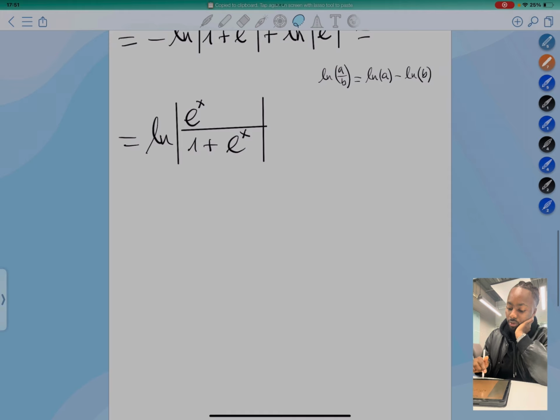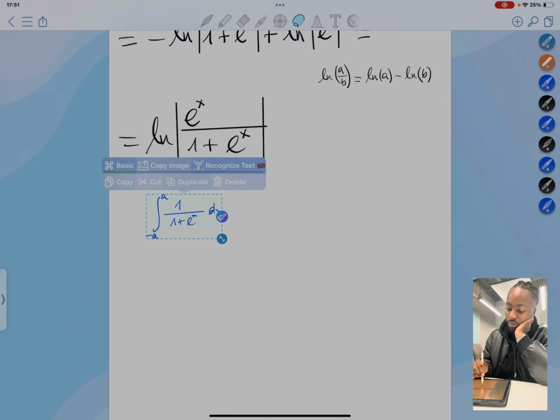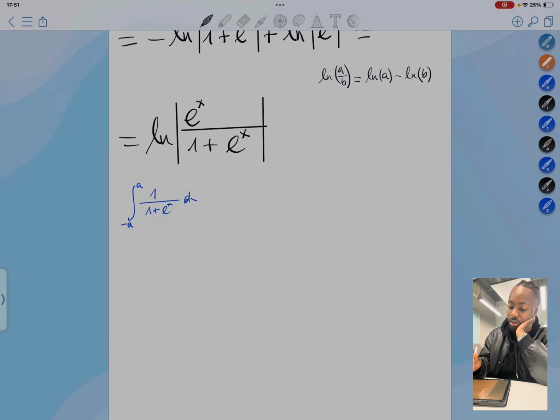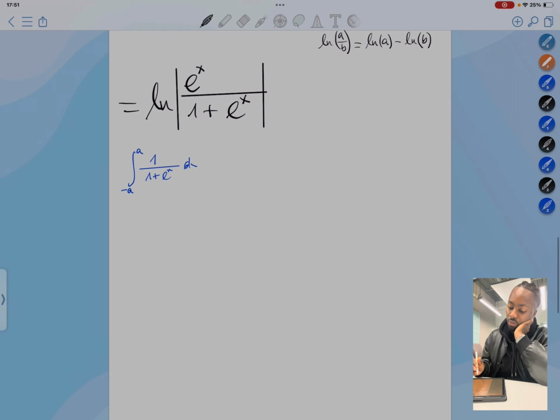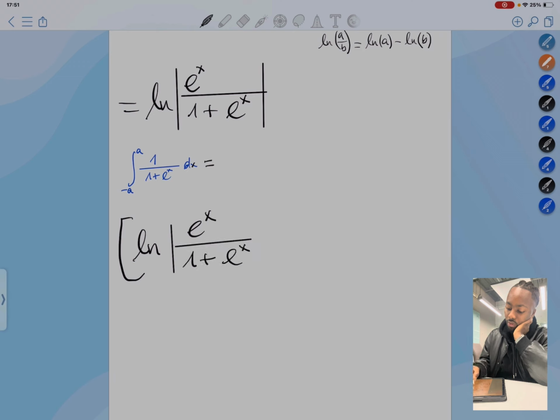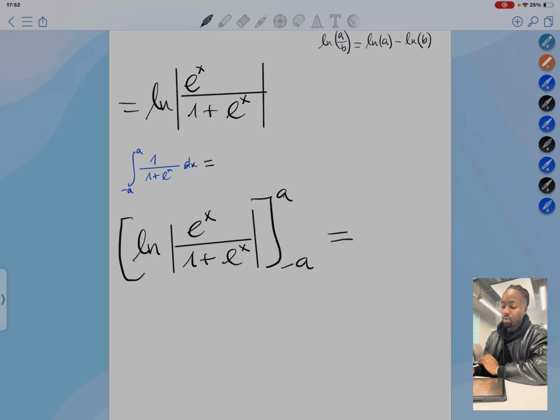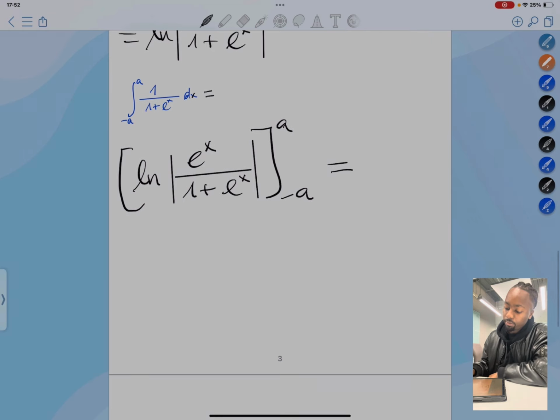So if we come back to this, this one is equal to the natural log of e to the power x over 1 plus e to the power x, from minus a to a. We need to make these substitutions.